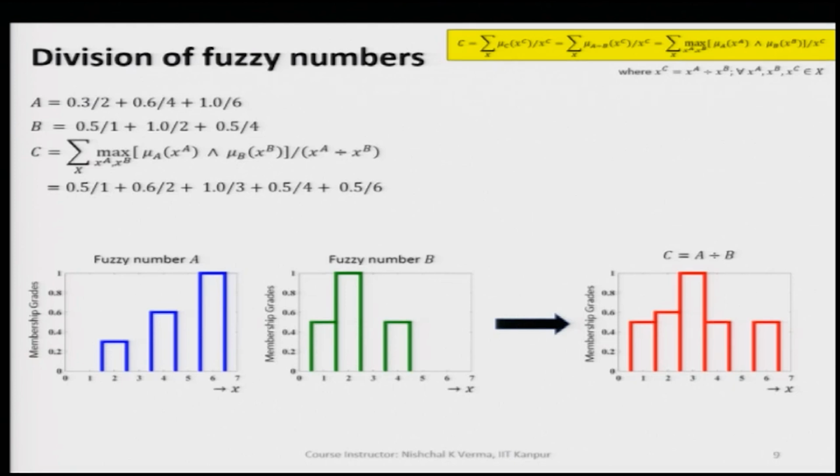So, here when we see the fuzzy set which has been plotted, we see that we have fuzzy numbers A and B that were given to us.